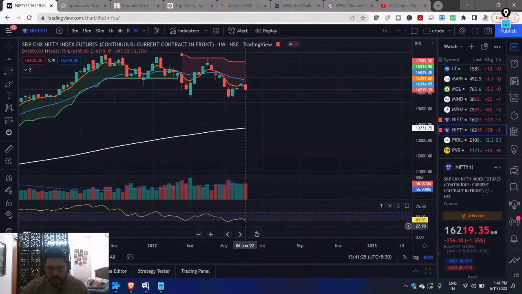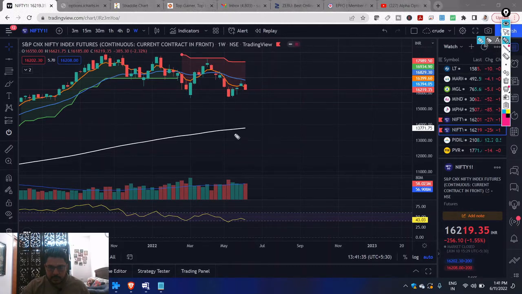The volumes are increasing as the market is going down, and there is a good possibility of the 200 period moving average at around these levels. Price reached the 20 period moving average, and from there the red bar has crossed the weekly. So it's a sell setup for us on the weekly time frame.